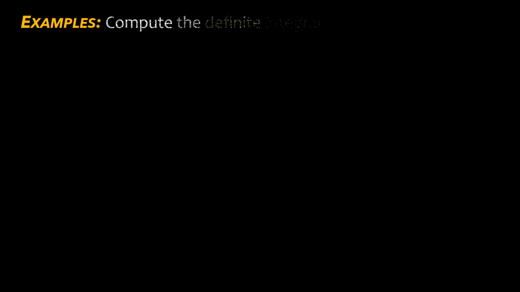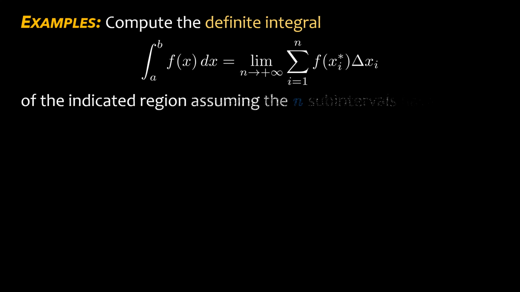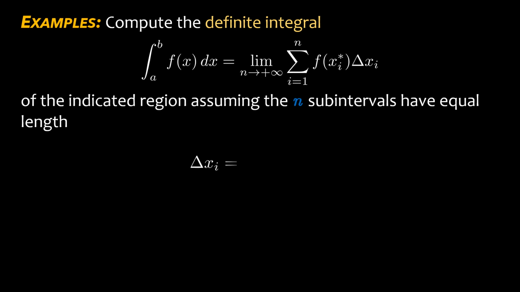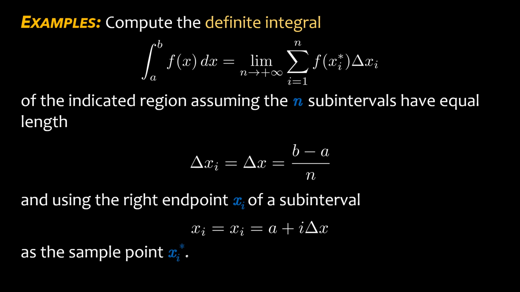Examples. Compute the definite integral of the indicated region assuming the n subintervals have equal length, and using the right endpoint x i of a subinterval as the sample point x i star.